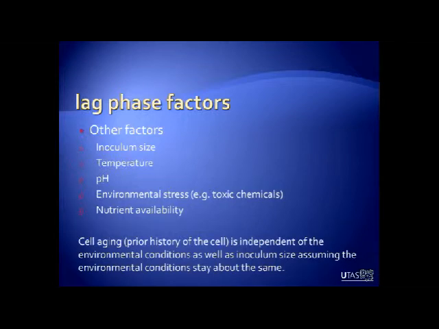Thus, when inoculum size is larger, the lag phase is shorter. As temperature increases within the normal physiological range of the cell, the lag phase is also shorter, probably because the biochemical reactions are more rapid. The bacterial lag phase also depends on environmental conditions, since growth rate is roughly proportional to lag phase duration.